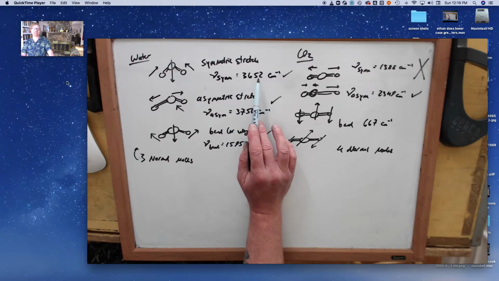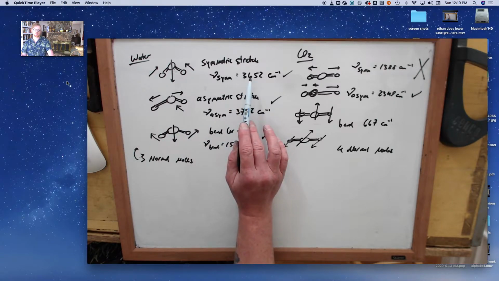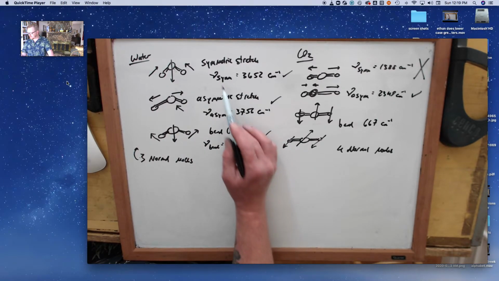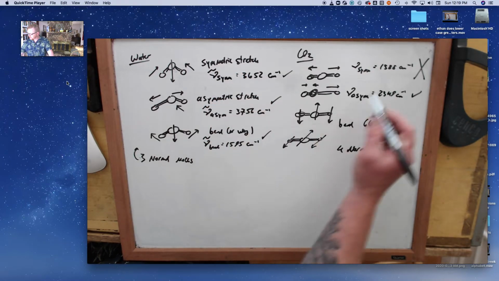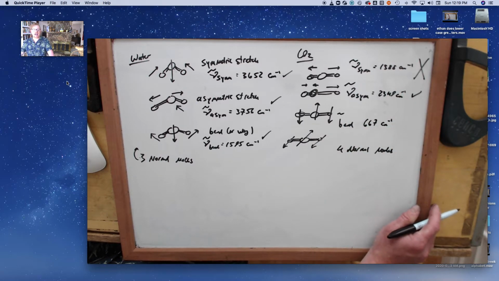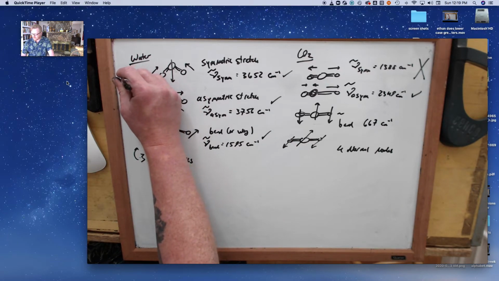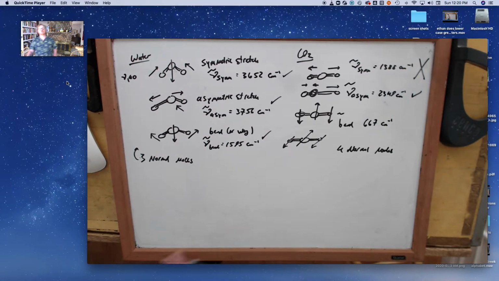If I shine exactly 3652, only this stretch will be activated. Okay? So each one of these things that I'm putting down here, I'm going to put a tilde over them, right? Because each one of those normal modes has a different force constant.